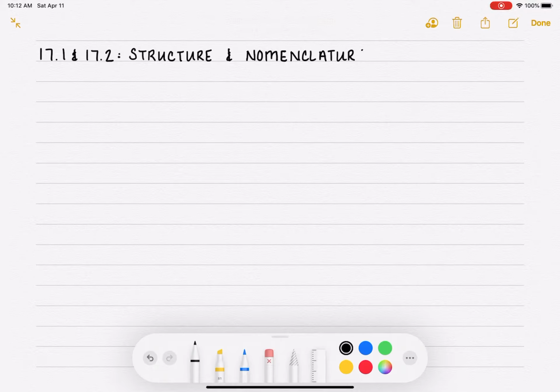Although we are not going to learn how to name all 3 of the functional groups, just carboxylic acids and esters. So let's take a look at the 3 functional groups side by side because they're very similar. It's very easy to get them confused. The carboxylic acid functional group has a carbon-oxygen double bond, and attached to that carbon there is an OH.